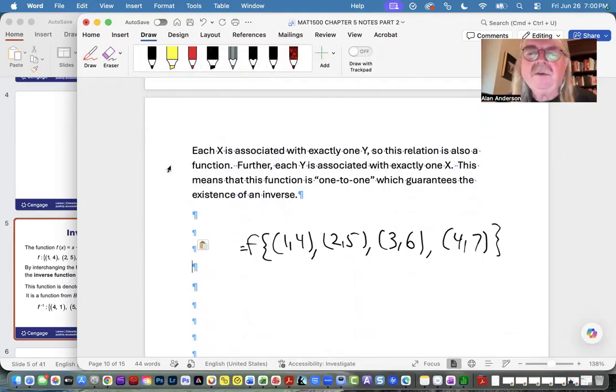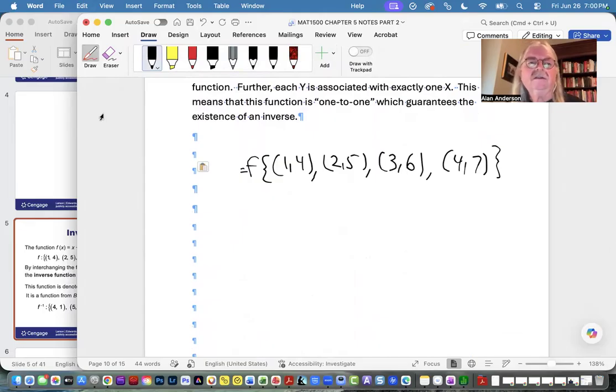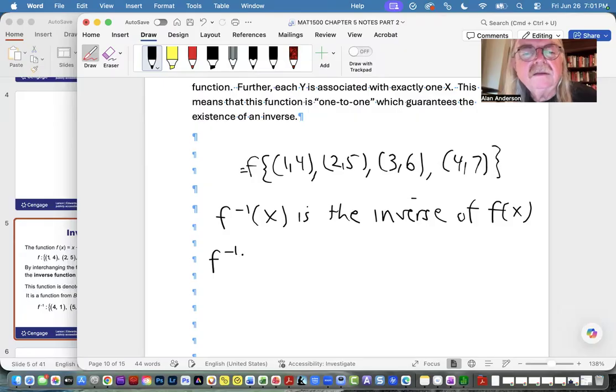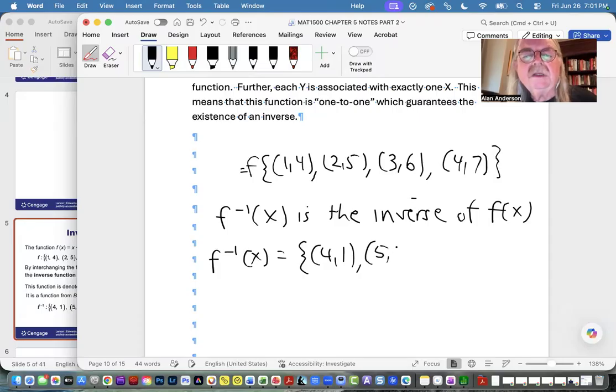And by the way, you may remember that the notation that we use for the inverse of a function looks like this. So here we have 4, 1, 5, 2, 6, 3, 7, 4.